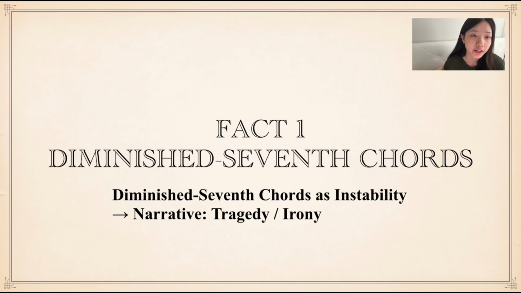First, fact 1, diminished seventh chords. My first analytical fact is Beethoven's striking use of diminished seventh chords as a sonority of instability. These chords appear far more frequently than we expect in a classical andante espressivo.